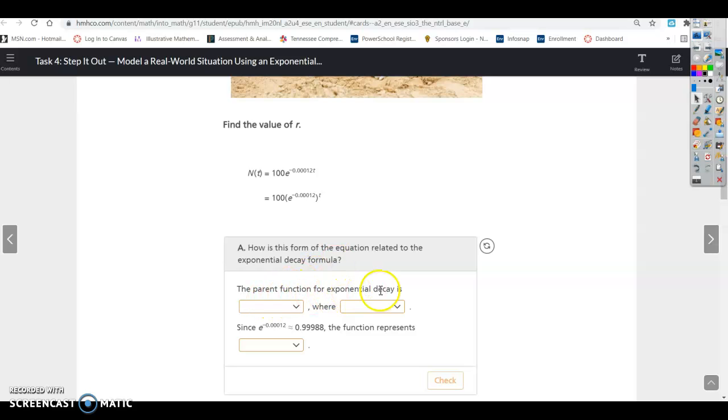The parent function for exponential decay is b to the x power. Exponential decay, your variable is your exponent, where b is between 0 and 1. So anytime it's decay, it's a fraction. Since e to the negative exponent equals this, that's below 1, the function represents decay.